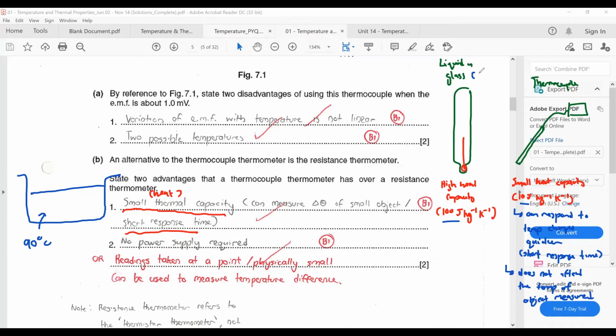This one is my liquid in glass thermometer A. This is my thermocouple B. If your thermometer A is put here, and then after that, I should draw another one.